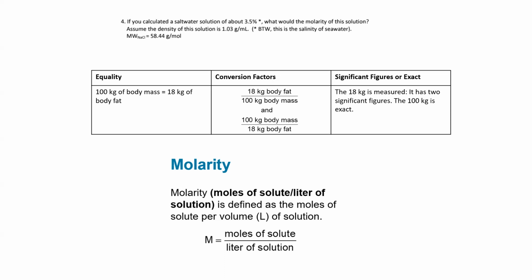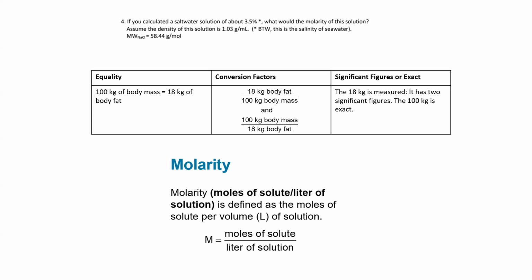Currently, though, our denominator is in 100 grams of solution. But to be in the correct units for molarity, we need the denominator to be in liters of solution, not grams of solution. But we know that density relates mass and volume.